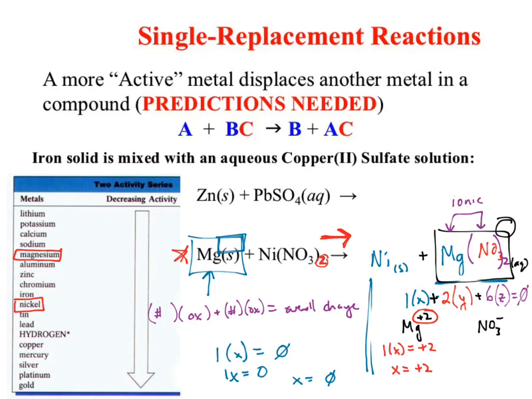I could go through and do the same thing with our nitrate. I have 1 nitrogen times some unknown oxidation state plus 3 oxygens times a minus 2, and this will equal negative 1 because the upper right hand corner says negative 1.